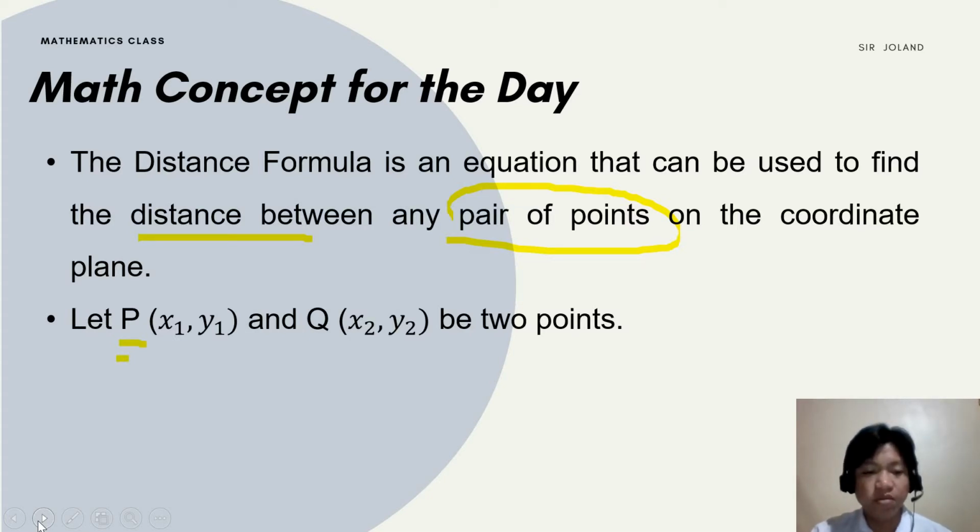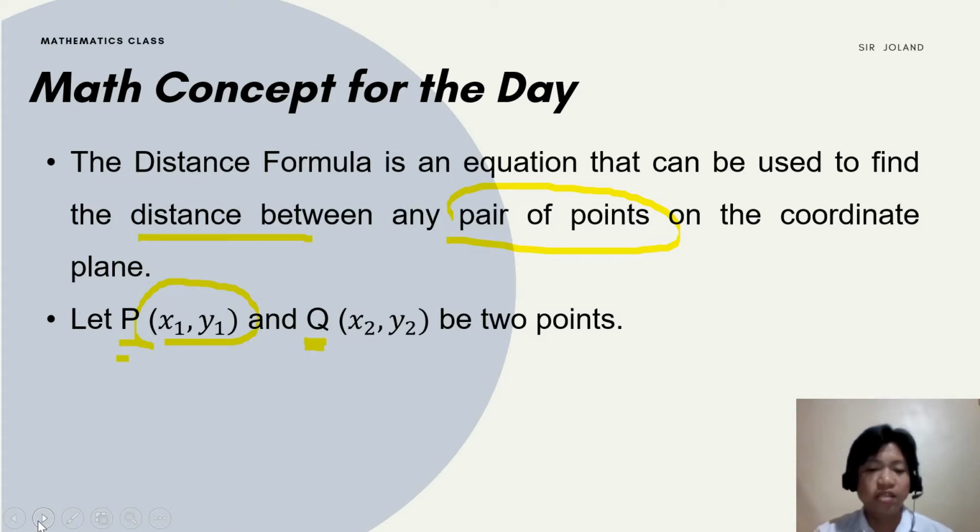So we have here point P, with x sub 1, y sub 1 as the coordinates, and for the second point, we have point Q, so the coordinates are x sub 2 and y sub 2.